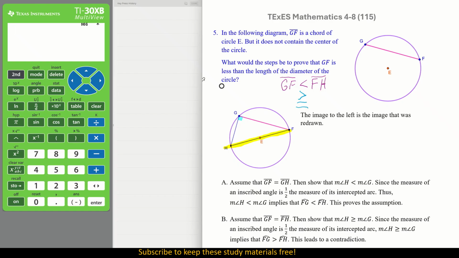Why did I do that? There's a couple of reasons. First off, we can have a comparison, and that gives us another angle. And there's a whole lot of properties going on. The first huge property is that this arc from F to H is going to be 180.